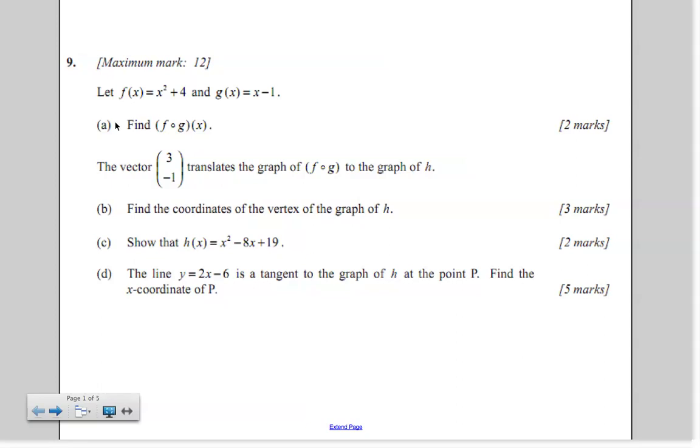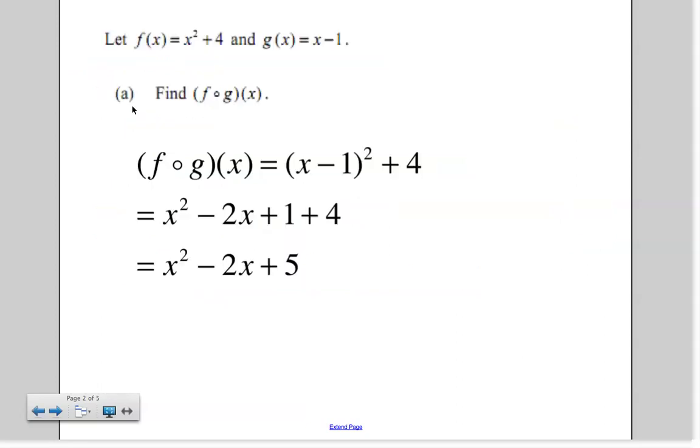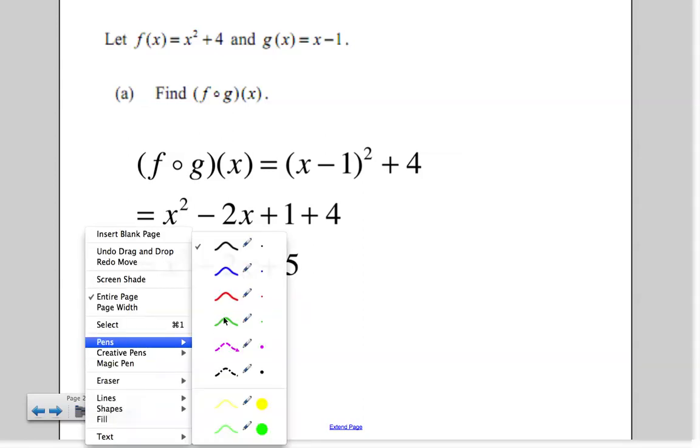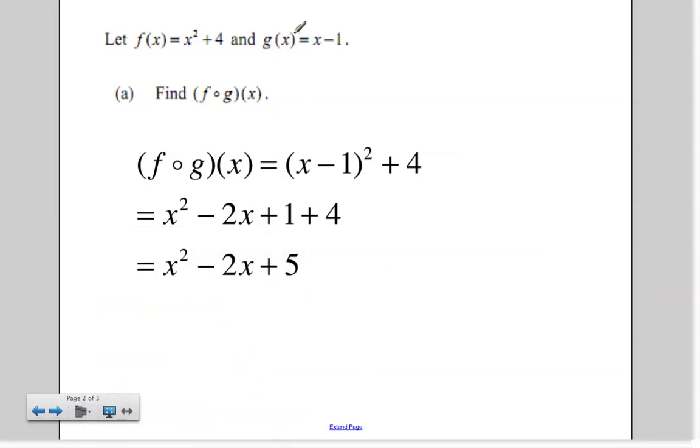So let's start off with find f of g of x. To start off with this, you have to take the g function, which is x minus 1, and sub it into the x of the f function.